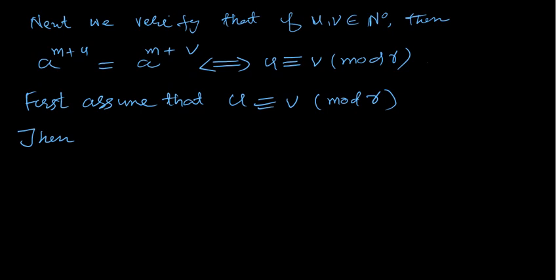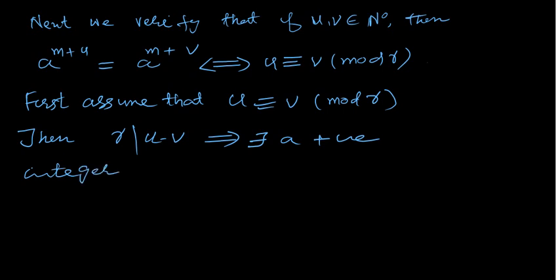Then r divides u minus v, which implies that there exists an integer, we will write, not necessarily positive.